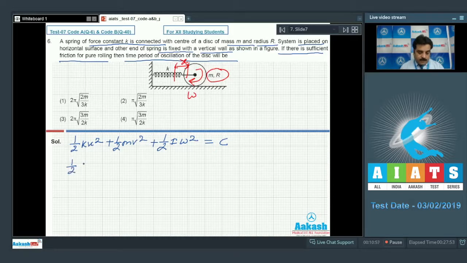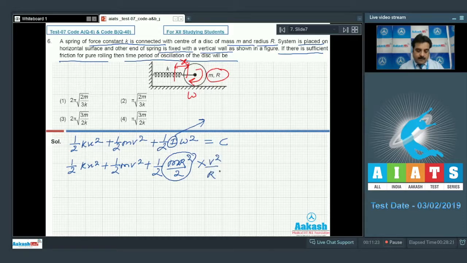Now half kx square plus half mv square. If I place the value of I, because you know the moment of inertia of the disk about the geometrical axis is half mr square, and omega in the case of pure rolling you can replace by v by r, that is equal to c.